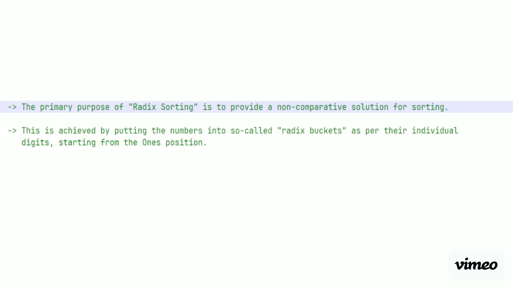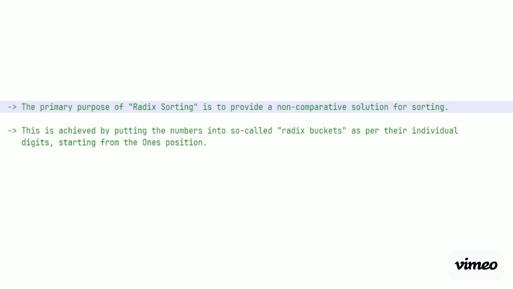We compare elements depending on whether it's greater or smaller. We shift or do not shift the position, but comparison is at the core of the algorithm. Radix sorting is designed in a way that it doesn't require any comparison operations or comparison functions.